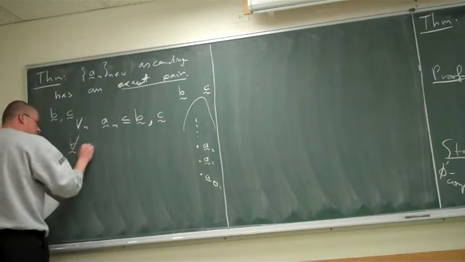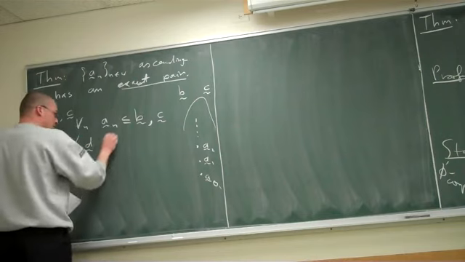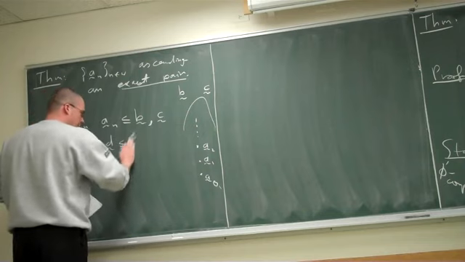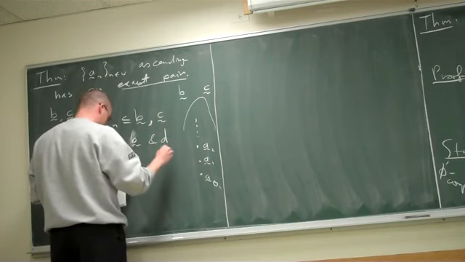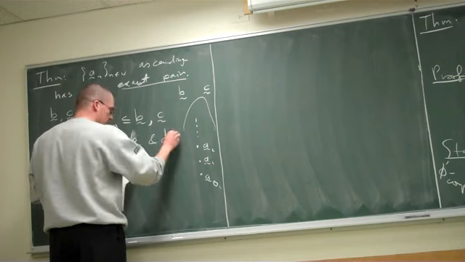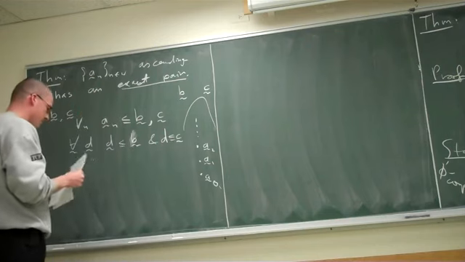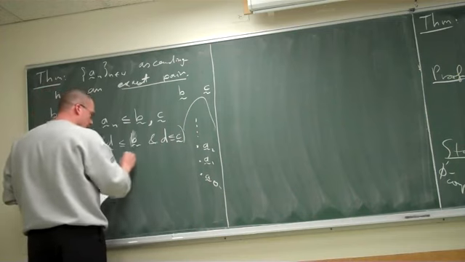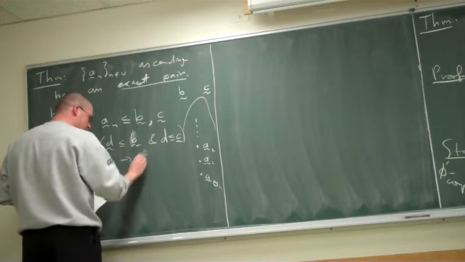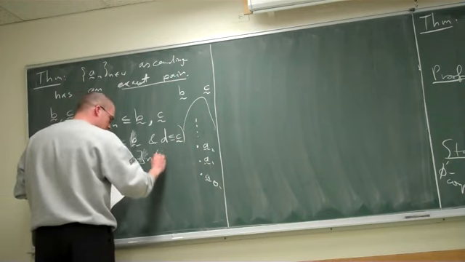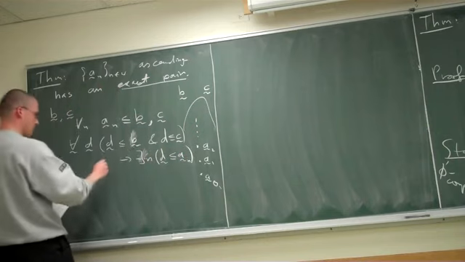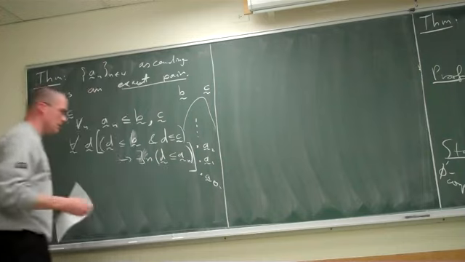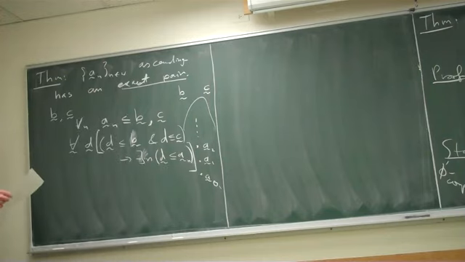But now for every degree d, if d is less than or equal to both b and c, then there exists an n such that d is less than or equal to a n.